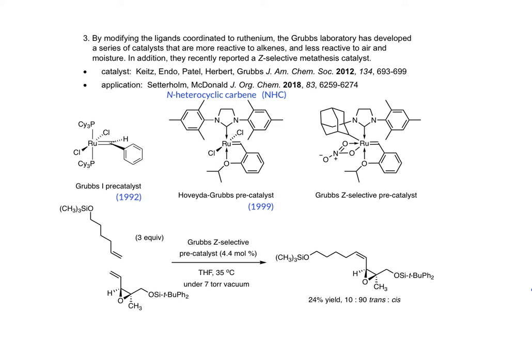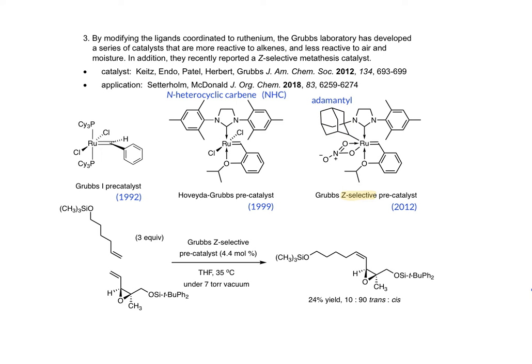Grubbs was also particularly interested in developing a precatalyst that would favor Z-alkenes or cis-alkenes. In the most successful of the Z-selective precatalysts, one of the aromatic rings on the N-heterocyclic carbene has been replaced with an adamantyl group, which itself also acts as a secondary alkyl ligand, replacing one of the chloride ligands.